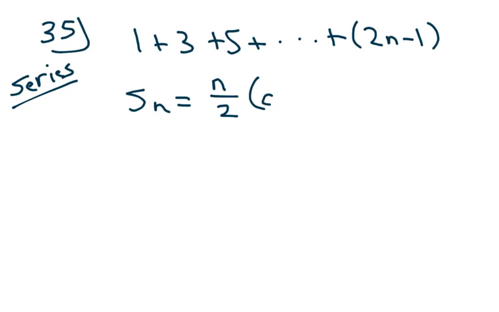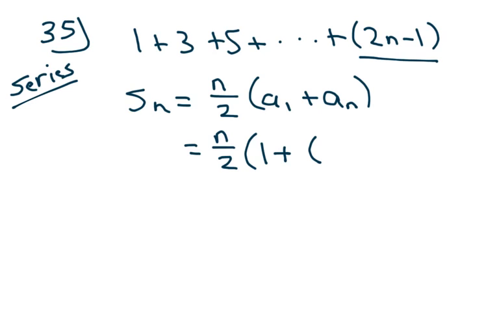N over 2 times a sub 1 plus a sub n. So the first term, I'm going to plug in 1, and I get 1. So I'm going to get n over 2 times 1 plus my last term, which is 2n minus 1.